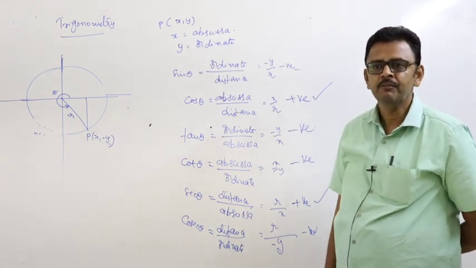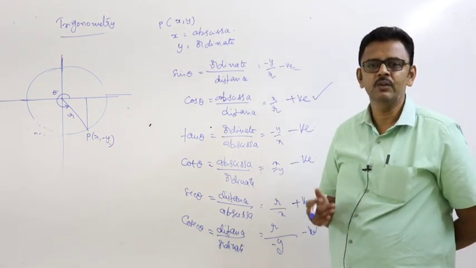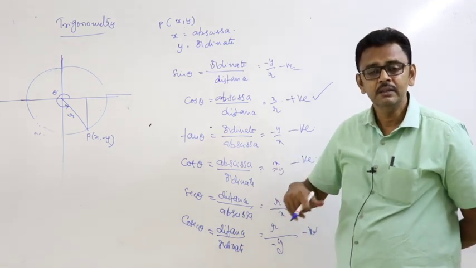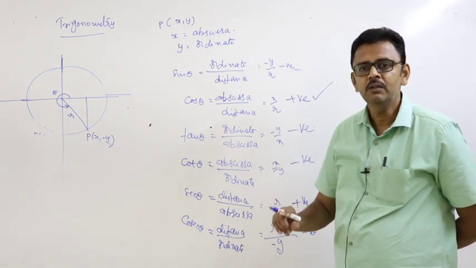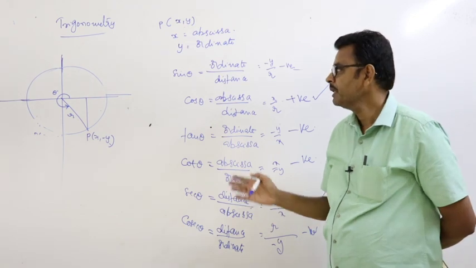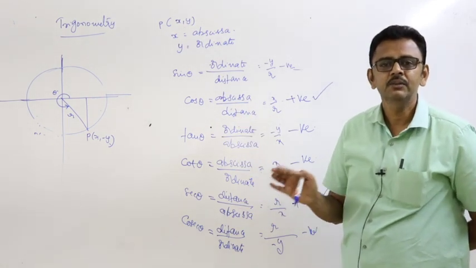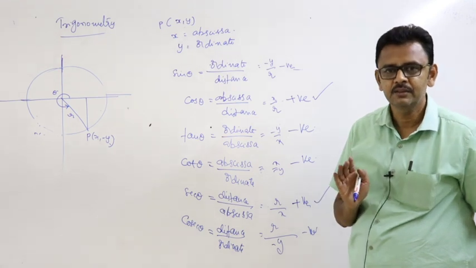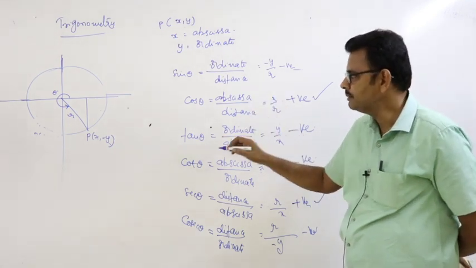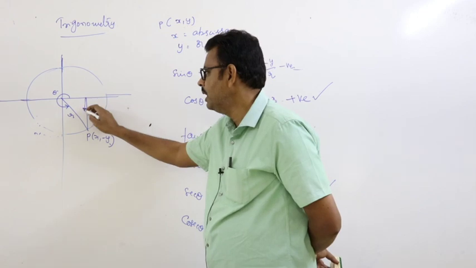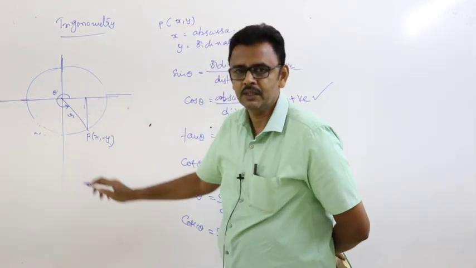Why are they negative in the second quadrant? Why negative in the third quadrant? Why positive in the fourth quadrant? It depends on the ordinate, distance and abscissa, and you get clarity. Distance is okay, this is opposite side by hypotenuse, that is okay.